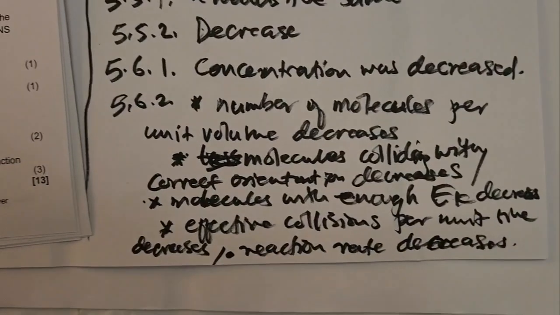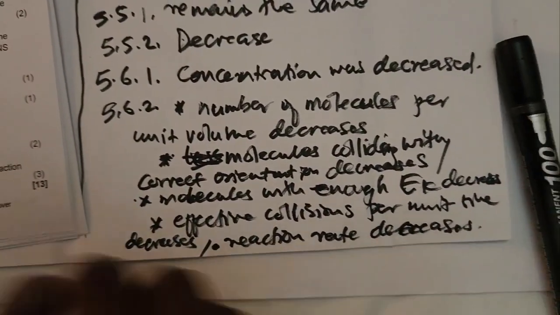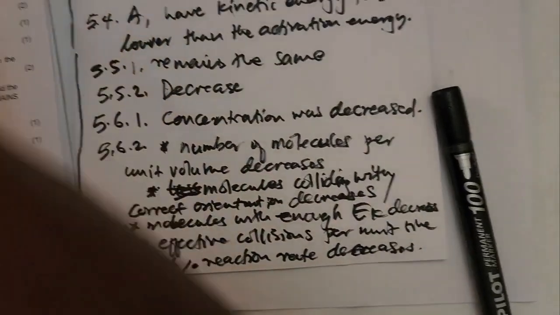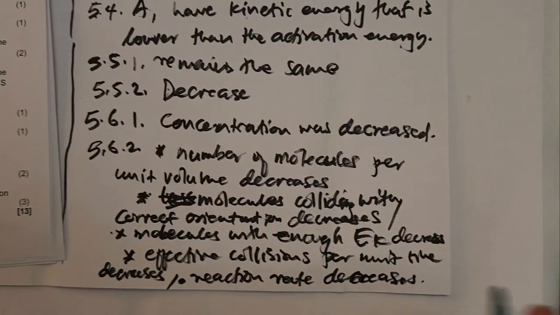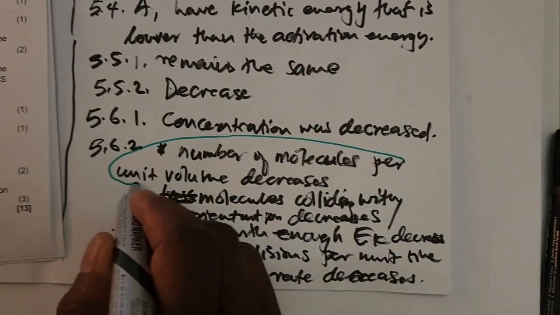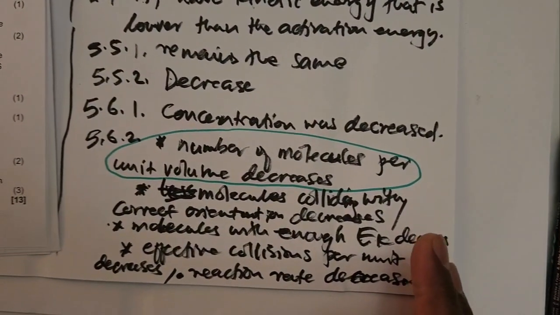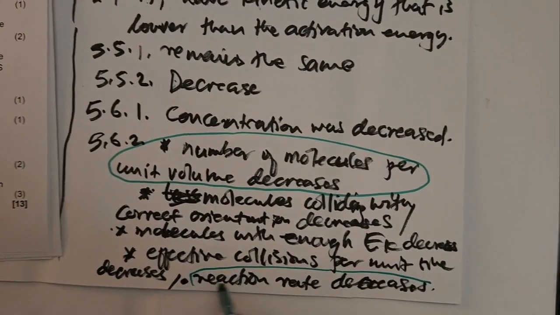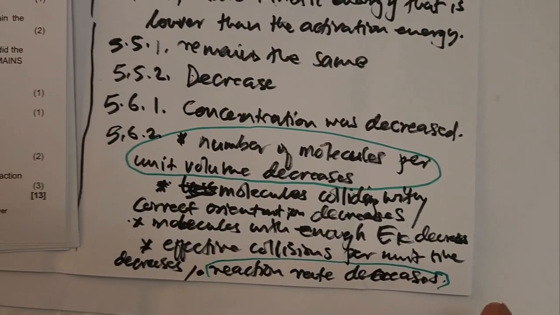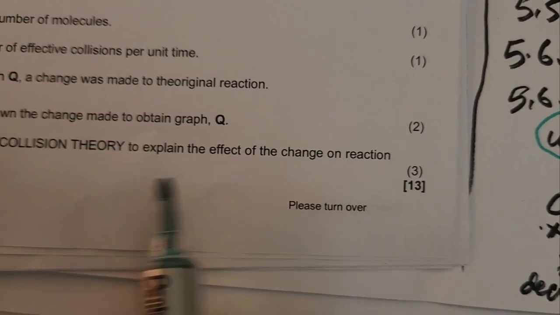What you need to do is that the first point that everyone must have in this case is this one: the number of molecules per unit volume decreases. That will be 1 mark. And the last point that everyone must have is that the reaction rate decreases, because the question says explain the effect of the change on reaction rate.